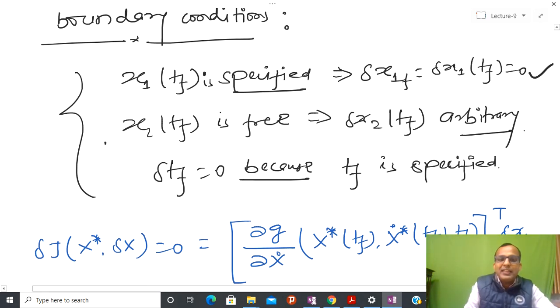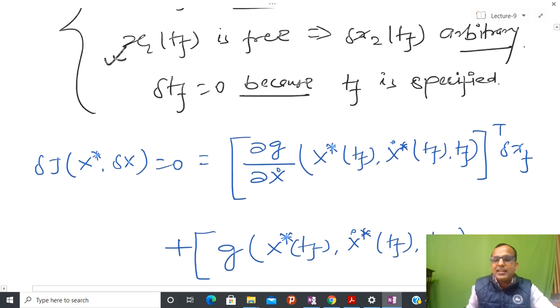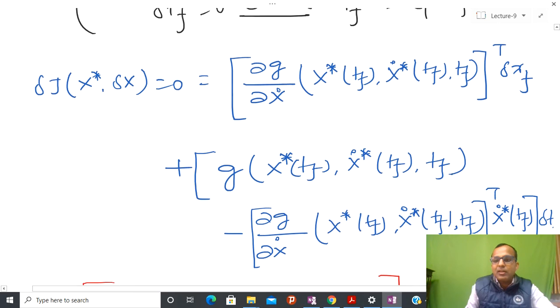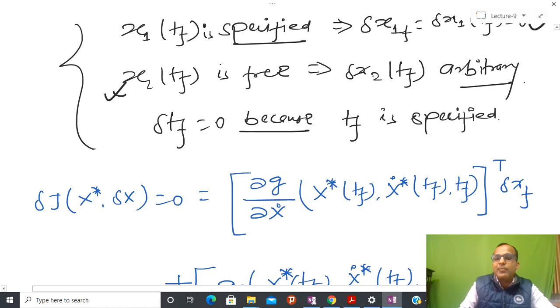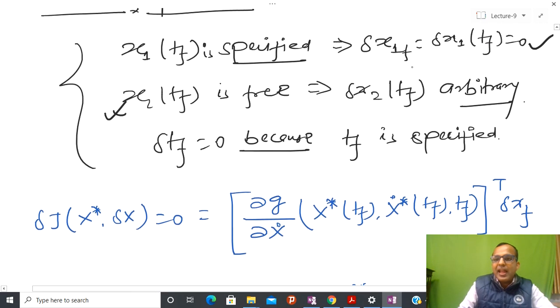So here basically you have to check the generalized variation. You have to write each and every term, and after that just separate this kind of term, delta x2 at tf. You can see that delta x1 at tf is equal to 0, so there is no need to worry about the variation with respect to this argument x1, but we have to worry about delta x2 at tf, which is basically arbitrary.